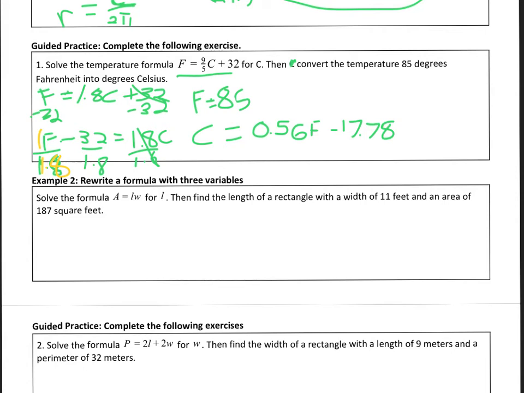So I can write it out as C equals 0.56 times 85 minus 17.78, right? And by now, we should have a pretty good grasp on order of operations and how to figure all that out. So I go through all that process. I should be down to my degrees Celsius, 29 point, now rounded to 56 degrees Celsius.